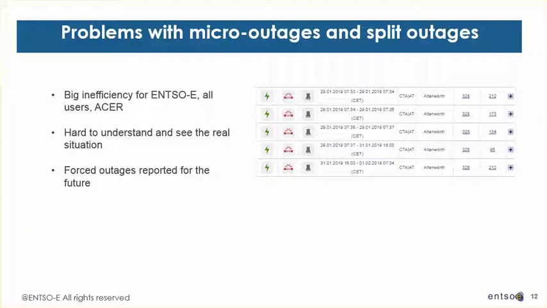And if, for example, you report a forced outage and you split it into these small micro outages, what actually happens is that you report forced outages for the future, which is absolutely abnormal. I'll show you an example, like here, this is just from the platform.